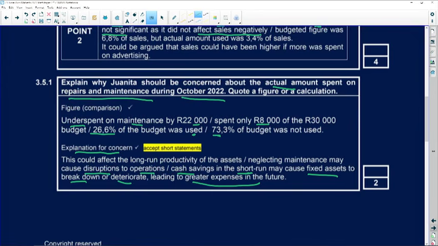My vehicle could break down completely, and as a result, I may have to buy a new vehicle. Similarly, if she's got equipment in her business, by not maintaining it in the short run, in the long run it could cost her, as she has to replace that entire machinery or equipment. Right, let's move on to the next question.